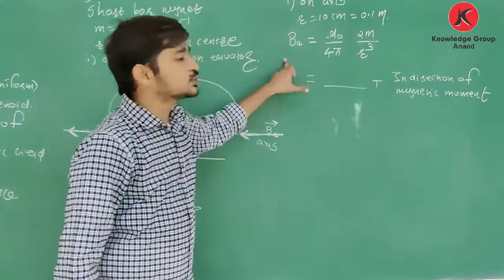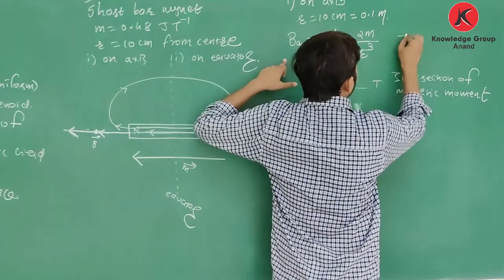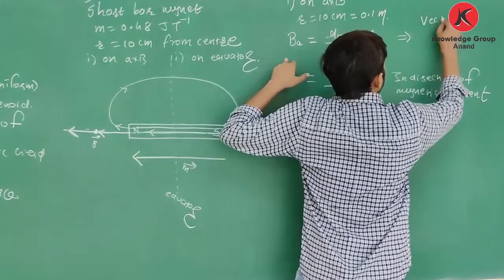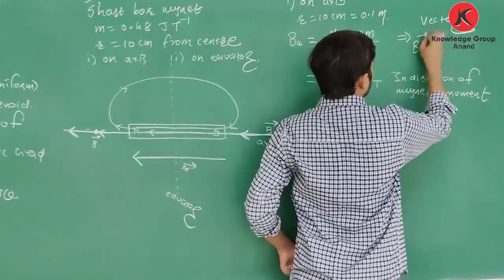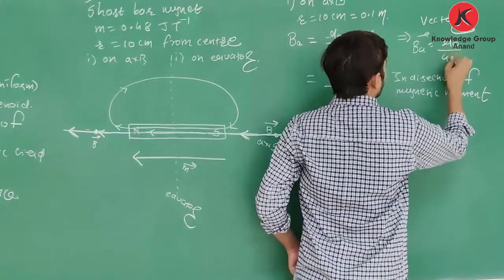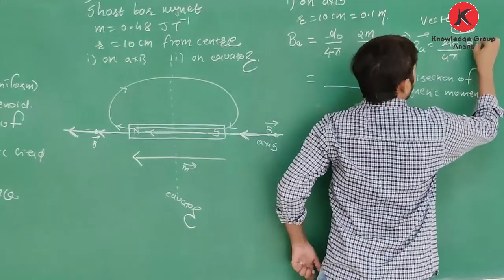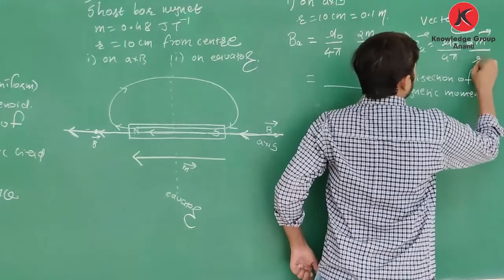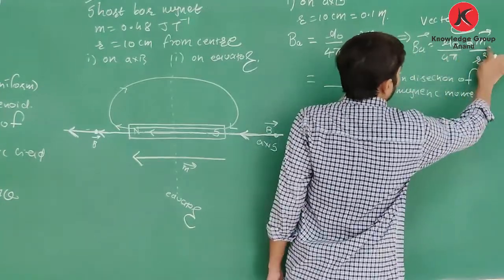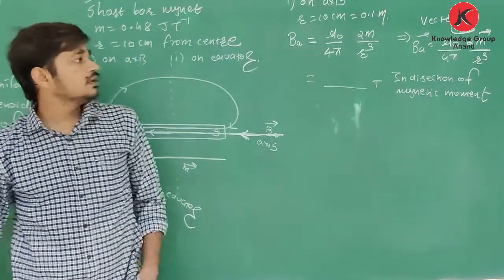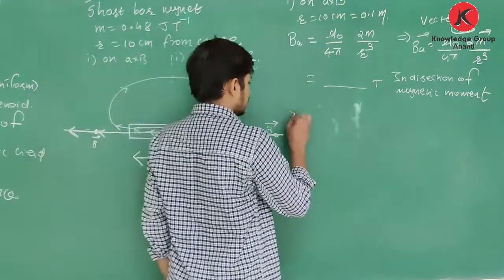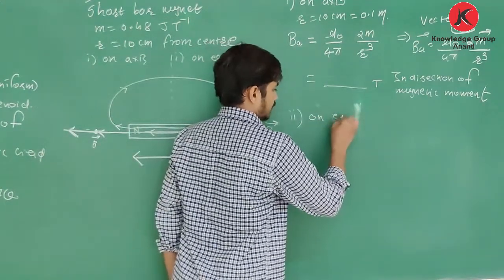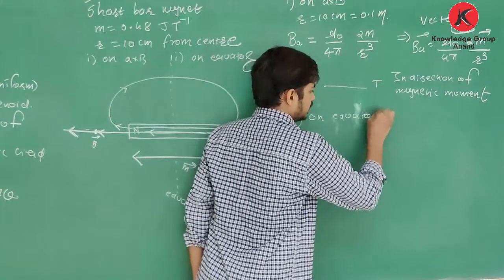So how to write its vector form? I can write its vector form as BA is equal to mu 0 upon 4 pi, 2m upon r cube, and the direction of the magnetic field is in the direction of the magnetic moment. Clear about this?